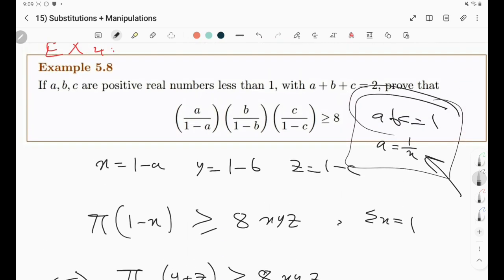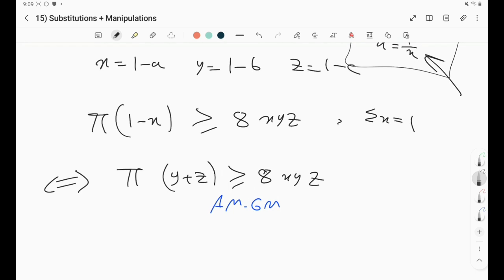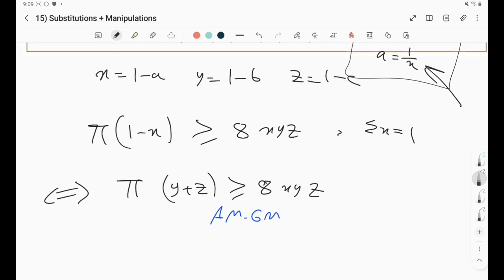Sometimes, as we said, instead of working with abc equals 1, let's work with the inverses, 1 over a, 1 over b, 1 over c. All of these ideas are very important for you when you're solving math Olympiad inequalities in general. Okay, so that finishes our algebraic tricks. We still have one final idea that we'll be discussing in our next lesson, and that is a normalization technique.